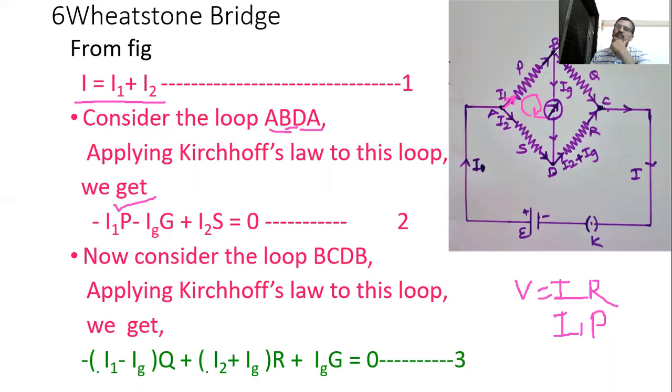Now let's go from B to D. Here the direction of tracing is from B to D, and the direction of current is also the same.